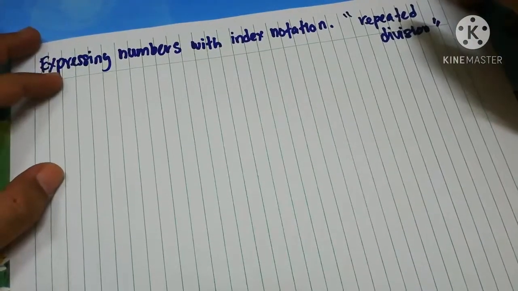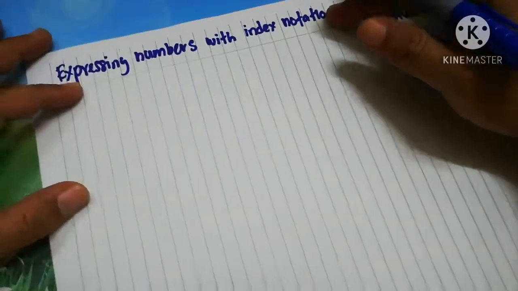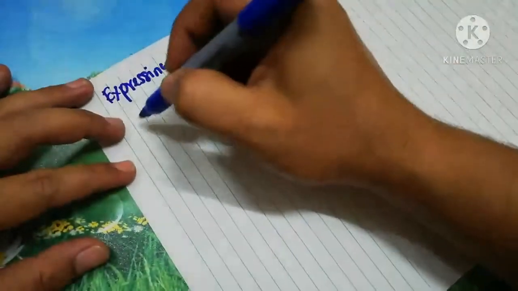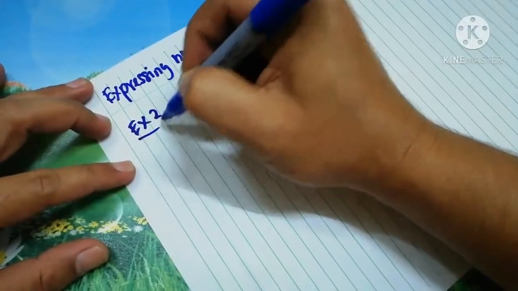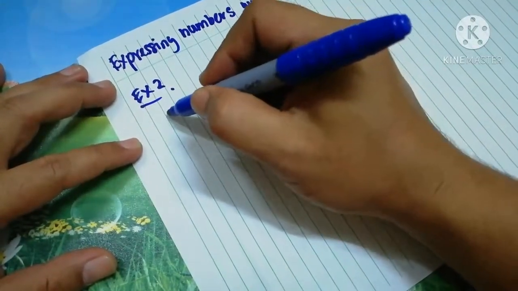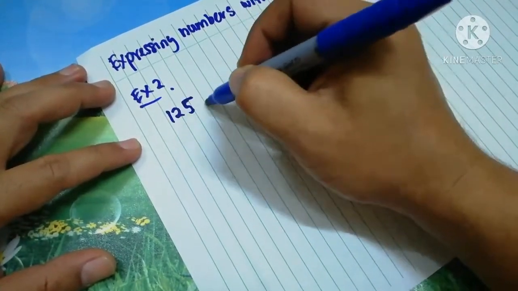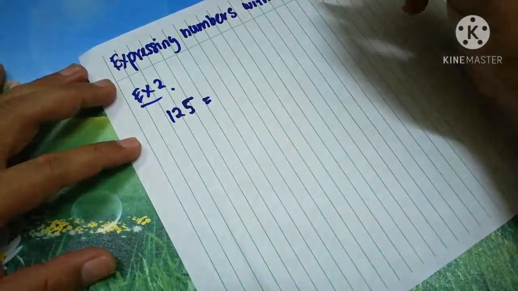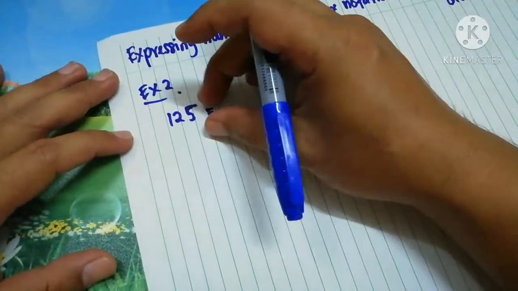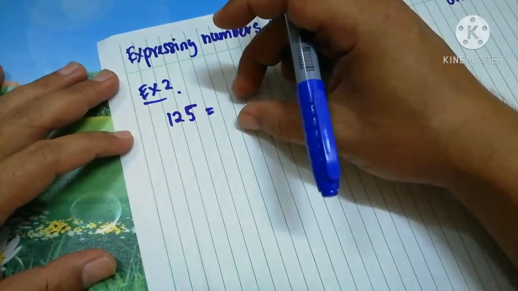Ini kita nak express number with index notation lah. Ini dia bagi satu nombor. Example 2, 125 equals to, kita nak tukar ini single number ni kepada index notation.